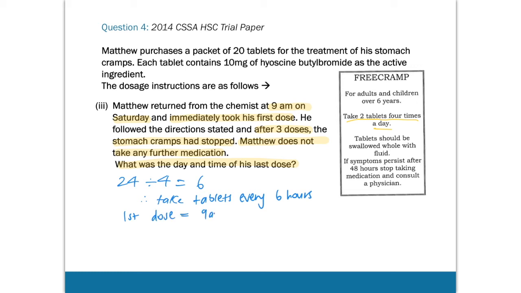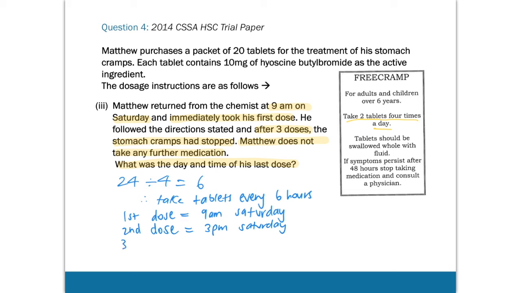Okay, so he took his first dose at 9 a.m. Saturday, because it said that he took the dose as soon as he got home. He must have been pretty quick. Okay, if he takes it every 6 hours, his second dose would be 9 a.m. plus 6 hours, which is 3 p.m. on Saturday, right?